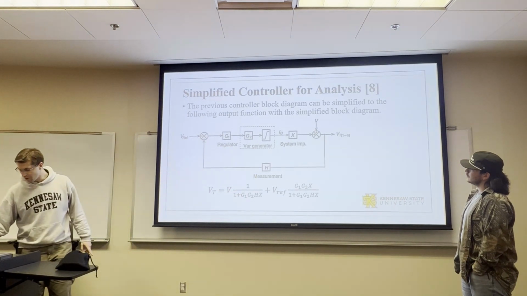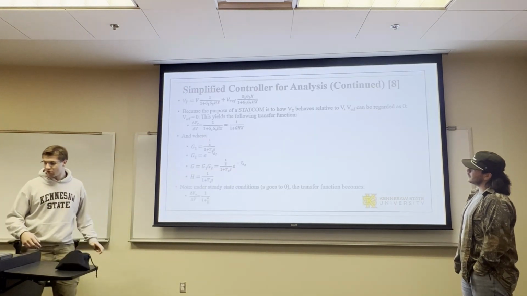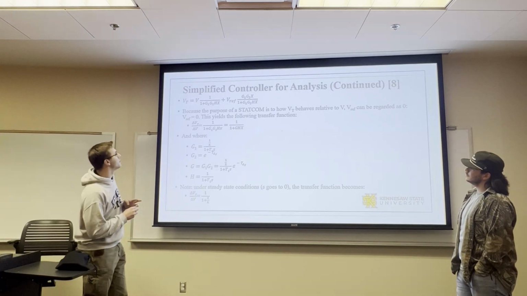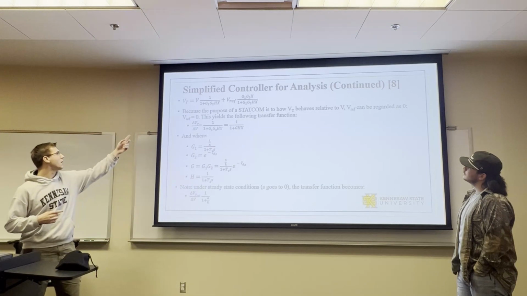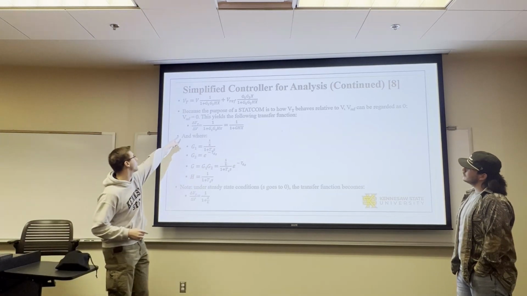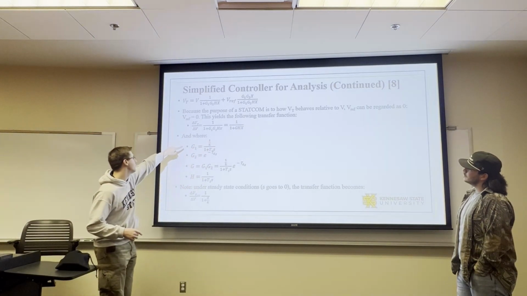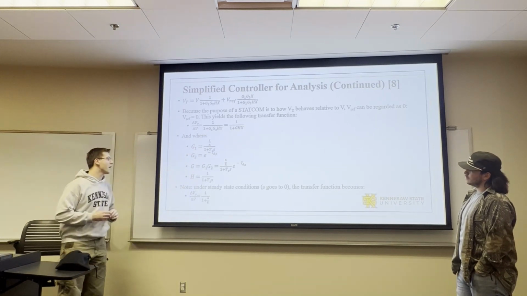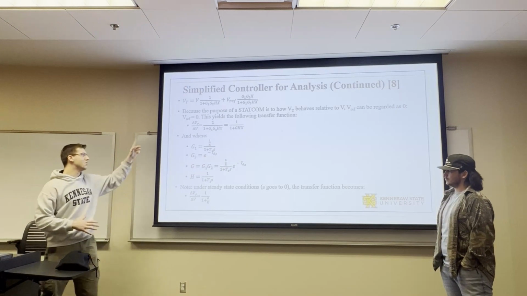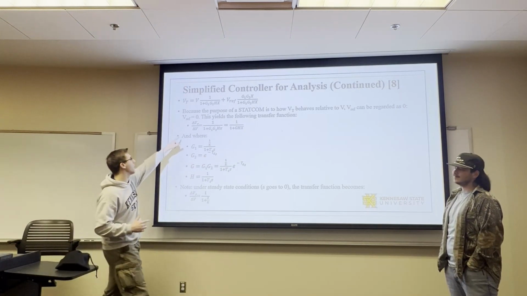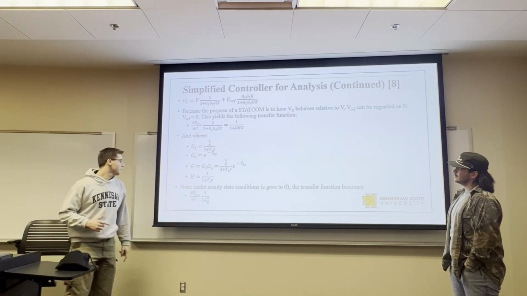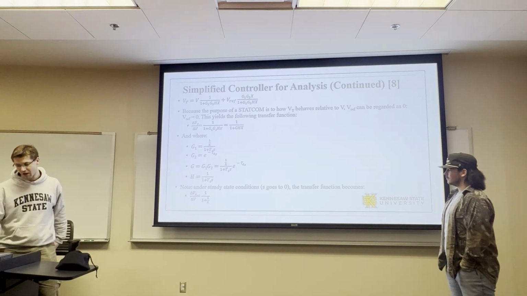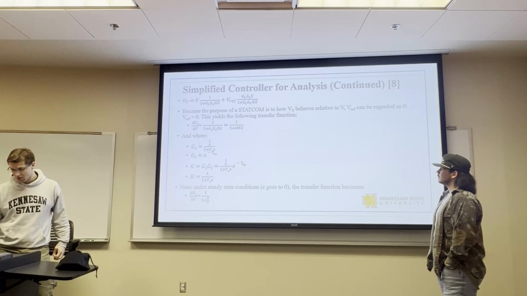And if you assume that VREF is 0 because we're trying to go to steady state conditions here, because of what we're trying to measure, VREF is 0, and we can find the transfer function here, and G1 is this, G2 is this, and you can just dive into that and make it all nice and messy, and it's a long thing, but we can have it simply right here. Also, a quick note, under steady state conditions where S goes to 0, we have this transfer function here.